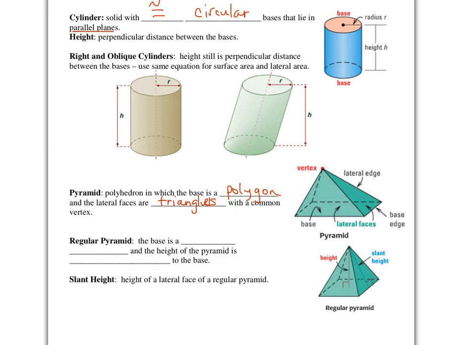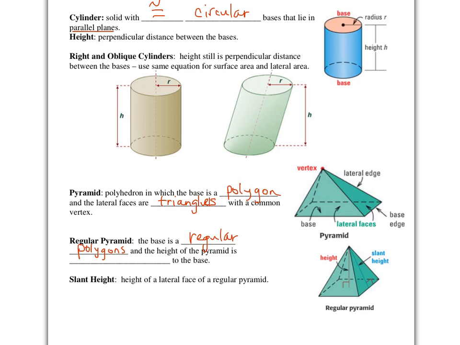The vertex is up here at the top, and our lateral edges are the ones that connect the base to the vertex. The vertex does not necessarily need to be straight up above it, but if it is right in the center of our base, then it's called a regular pyramid, as long as the base is also a regular polygon. So for a regular pyramid, the base is a regular polygon, like a square, not a rectangle.